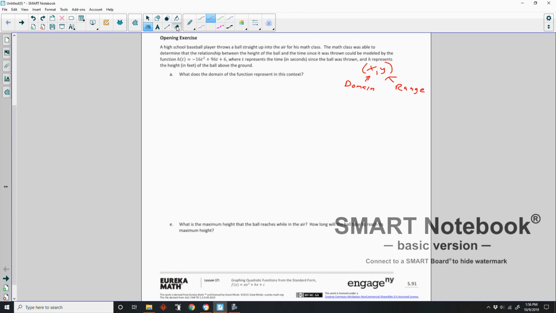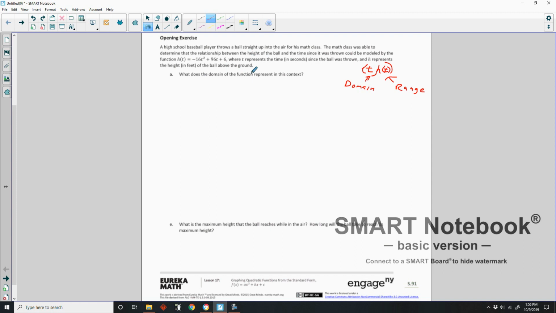Now we have f of x, which is y. Now it's h of t. So t is my x, and h of t is my y, if you will. So the domain is t, time, where t represents the time in seconds.